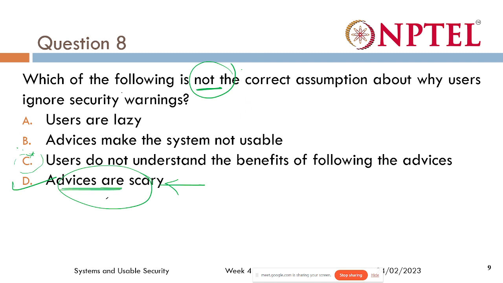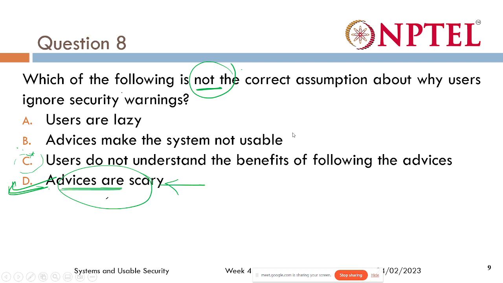No, the answer is still D. Advices, they think they are scary, but actually they are not. They are just telling you to be cautious of a certain thing. But seeing that whole paragraph, it seems scary, but actually it is not.